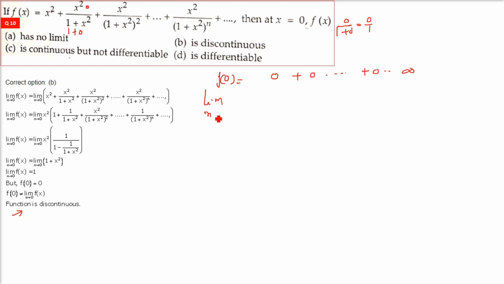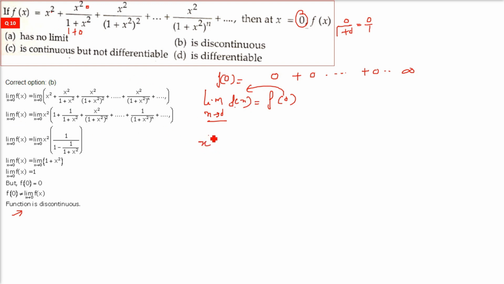To check continuity, the limit of f(x) as x tends to 0 must equal the function value at 0. So if f(0) is equal to the limit of f(x) as x tends to 0, then the function is continuous, otherwise discontinuous. f(0), we just found out, is 0.